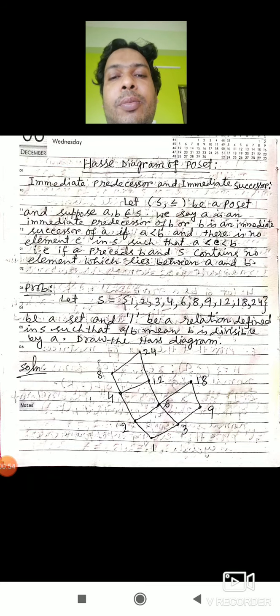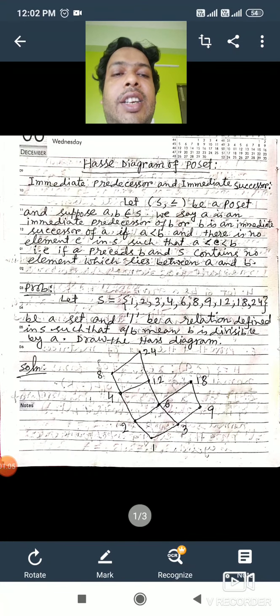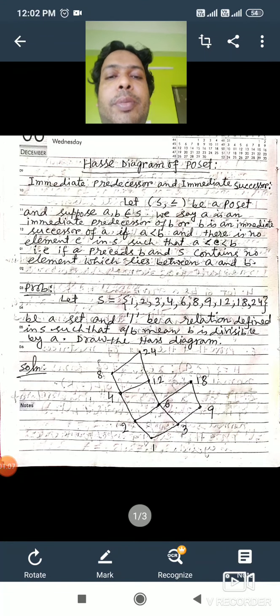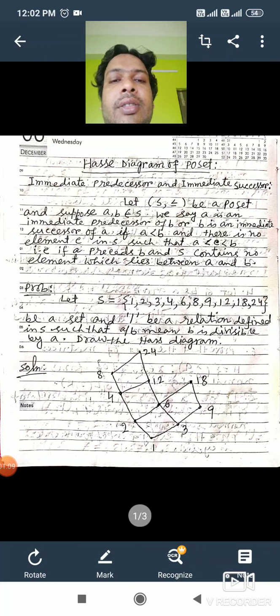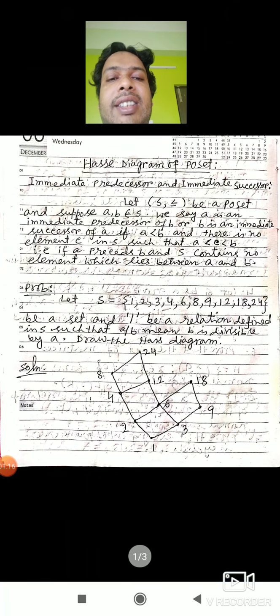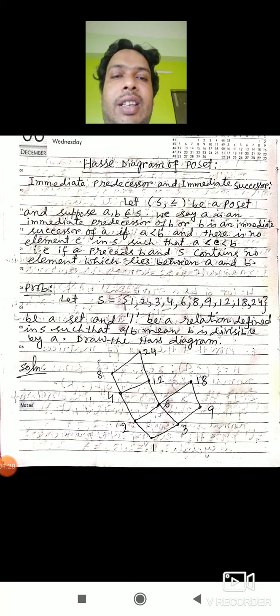Now consider a problem. Let S = {1, 2, 3, 4, 6, 8, 9, 12, 18, 24} be a set, and | be a relation defined in S such that A | B means B is divisible by A. Draw the Hasse diagram.